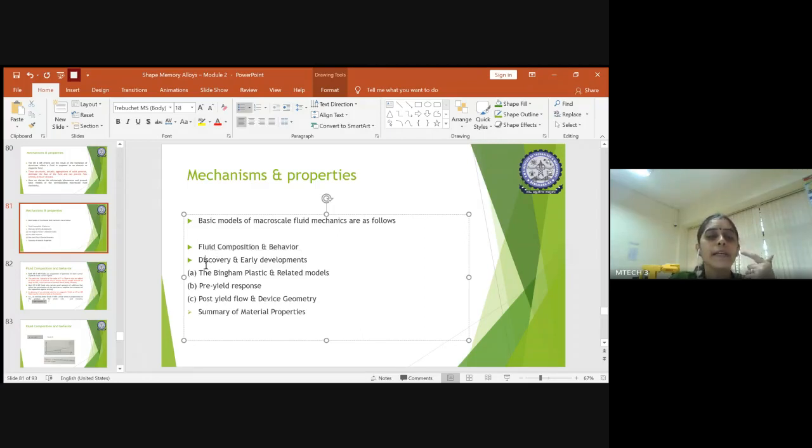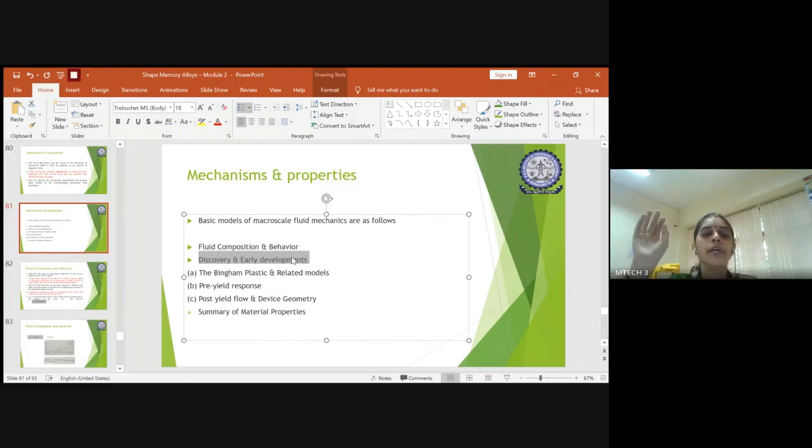The second one is the discovery and early development. It is not a new concept. Now people are working on this, but this concept came very early, around 1916, 1918, and it was well established by 1948 also. But there were no applications related to ER and MR fluid. Only now the devices are coming out.